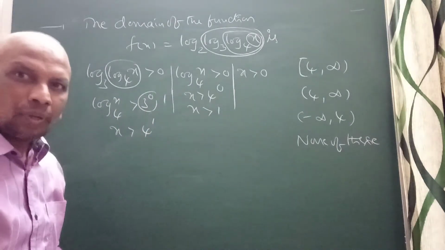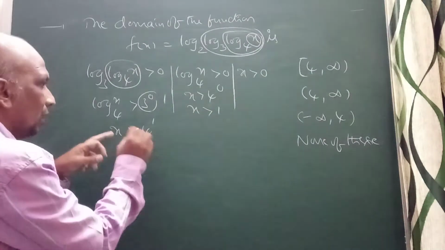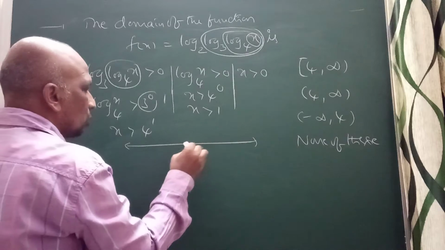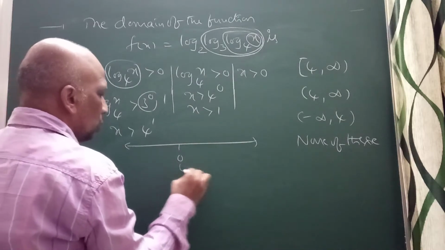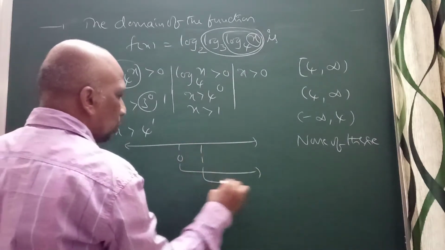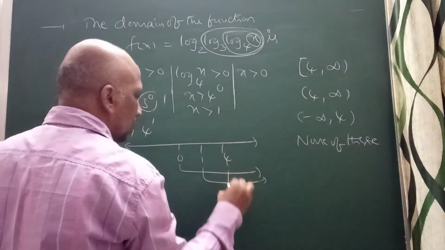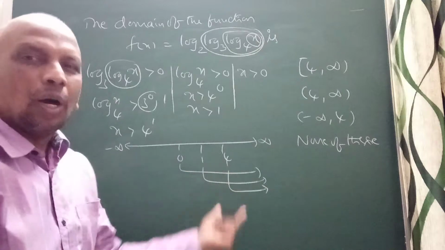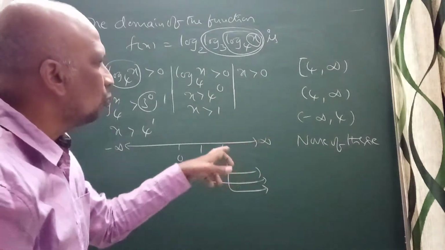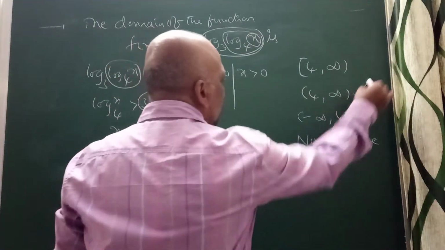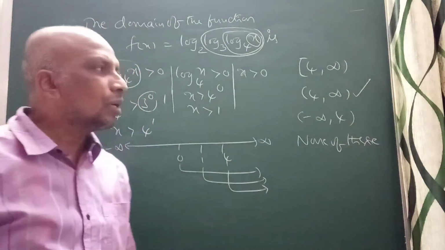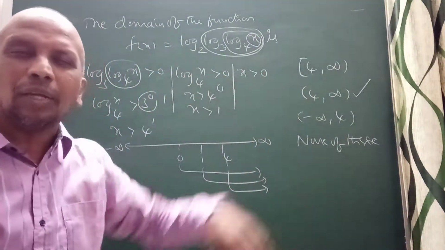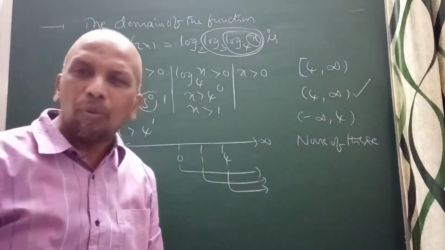Satisfying all of them: greater than 4, greater than 1, greater than 0. The common is more than 4. So the open interval (4, infinity) is your answer to satisfy all three conditions. So this is the domain of this problem.